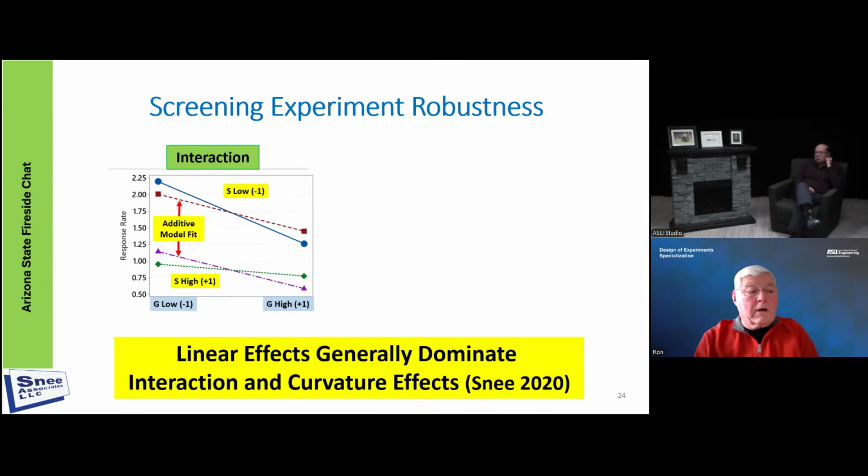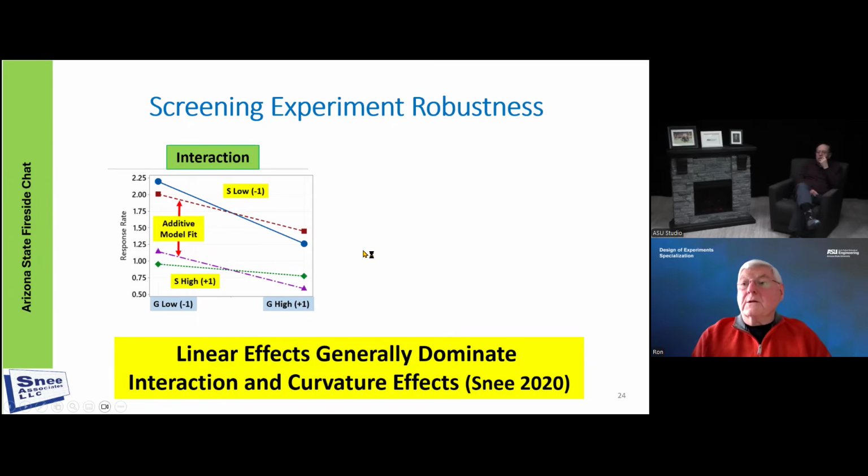This is a real interaction that we have here, and if we look at the blue, here's S at the low level and S at the high level, and you can see the interaction. And then the additive fit is going right in the same direction. So whenever you do the analysis using the linear model, you're going to find both the S effect and the G effect.